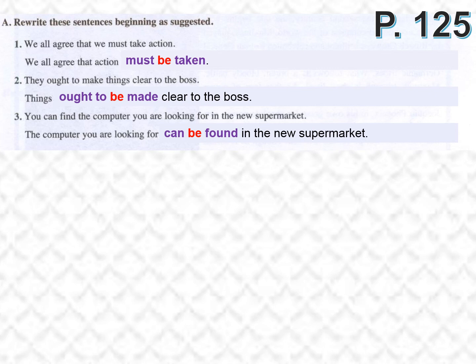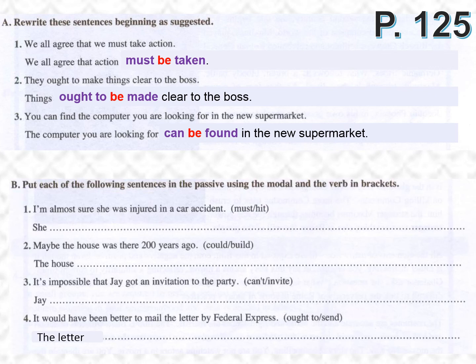Now, exercise 2b. The first exercise is in the present and the second part is in the past. Here it says, put each of the following sentences in the passive using the modal and the verb in brackets. I am almost sure she was injured in a car accident.